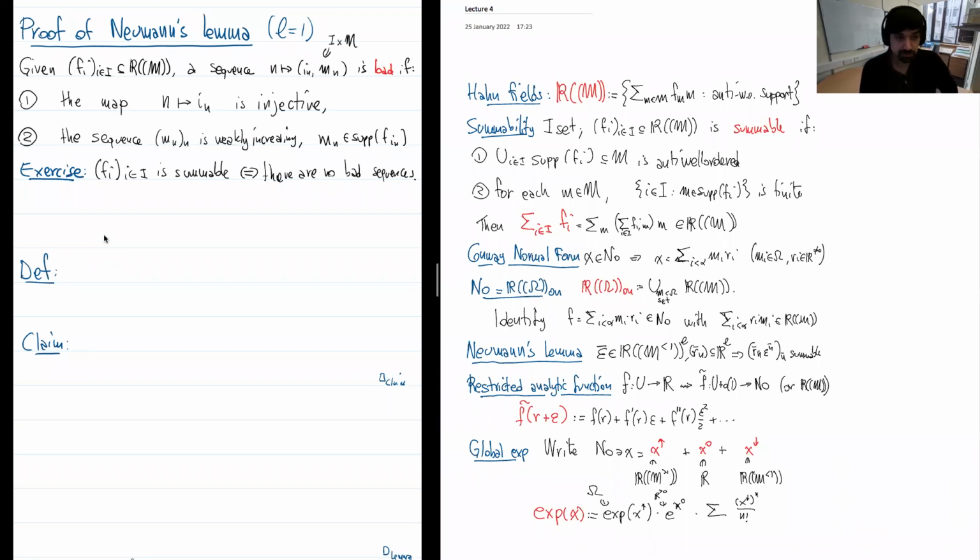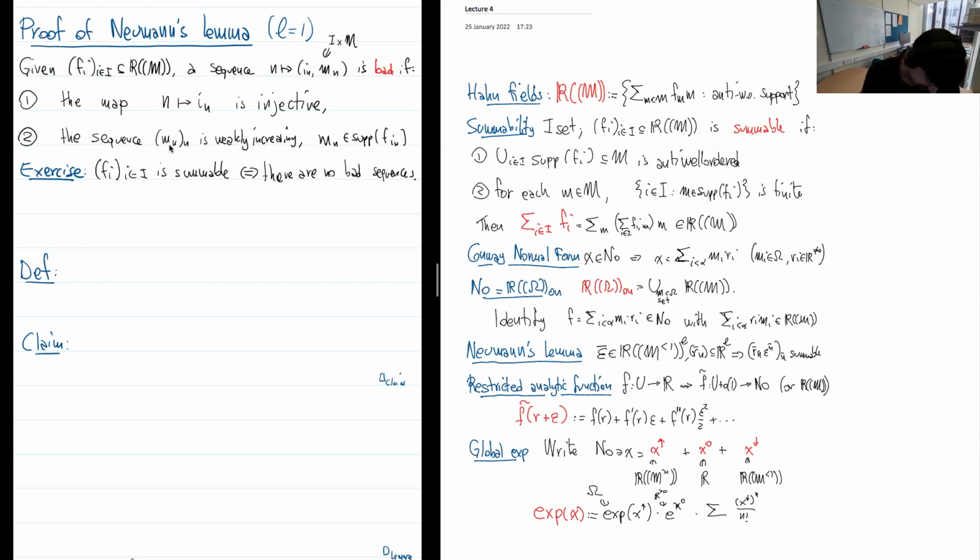Okay. So now we want to apply this particular test to check that the family of powers of epsilon is summable.